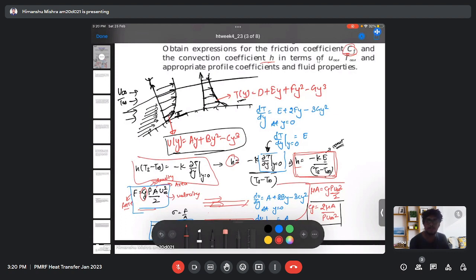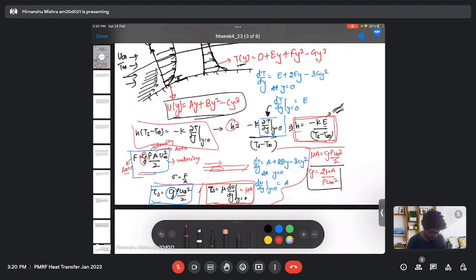And to find the drag, we use the drag force relation. To find the shear stress, we use Newton's principle at the wall. And then using the drag expression, we find the drag coefficient here, Cf.